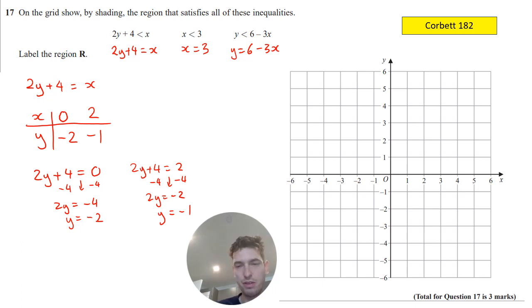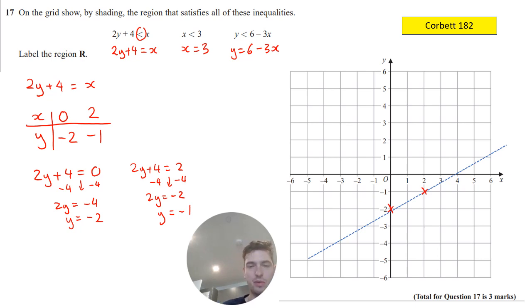So that's enough. Those 2 values are enough. I don't need to do any more. I could if I wanted to, but let's plot those points. So 0, minus 2 is there, and 2, minus 1 is there. And because it's less than, it's just going to be a dotted line. So my first one looks like that.